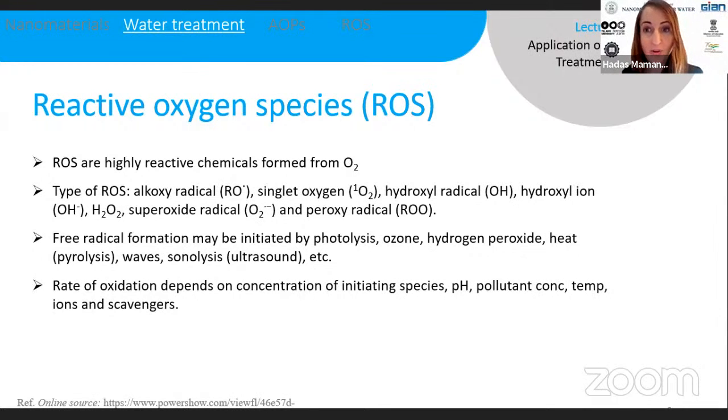However, on the other hand, the hydroxyl radical can react with a different type of organic matter, which will scavenge it and will not initiate any further reactions. So we can have either initiation or termination, and it really depends on the type of the organic matter. Which makes it really complex, because with different types of wastewater, we have different types of organic matter, and it's very difficult to predict what will happen. Okay, so this is something also to consider.